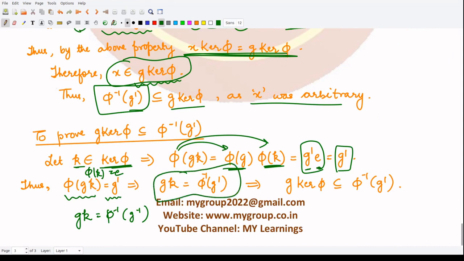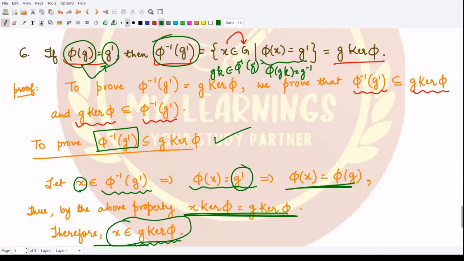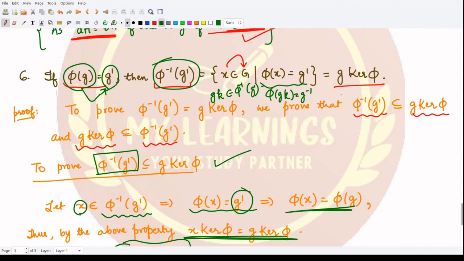What does it mean? Because k was taken from kernel phi and it was an arbitrary member, hence G kernel phi is contained in phi inverse G dash, for all the members small k. Hence we have this inclusion. Therefore both the inclusions now give us the equality which we wanted to prove in this particular case.